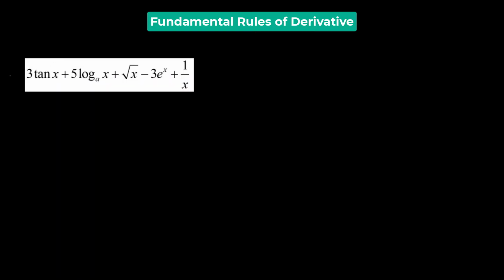So we need to determine the derivative of the given function. Let us separate each of the derivatives, or we are going to simply apply the derivative to each of the individual terms. So we have 3 times the derivative of tangent of x plus 5. I'm pulling out all the constants from the derivative.